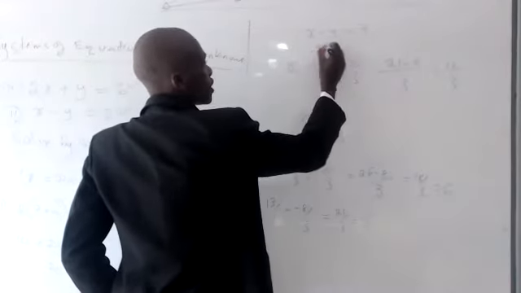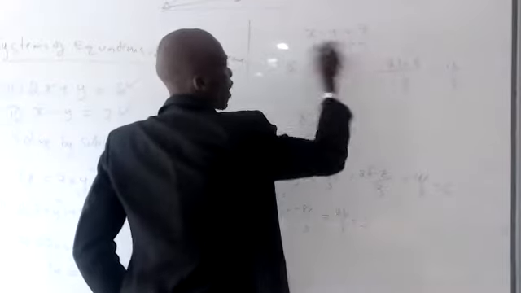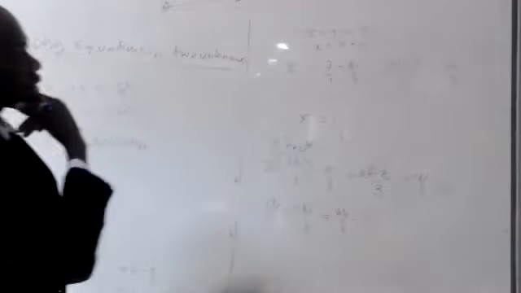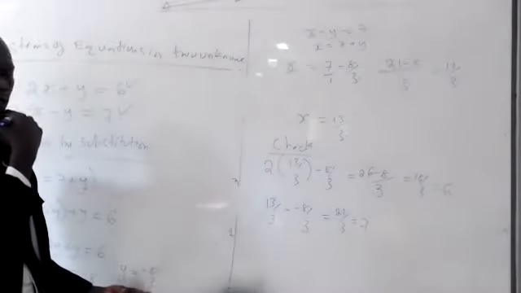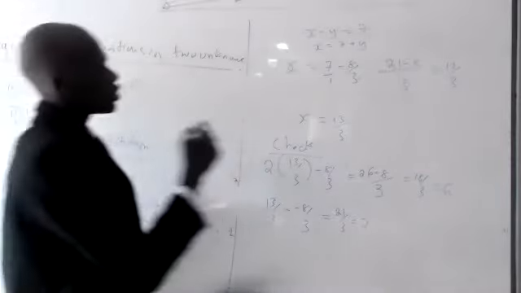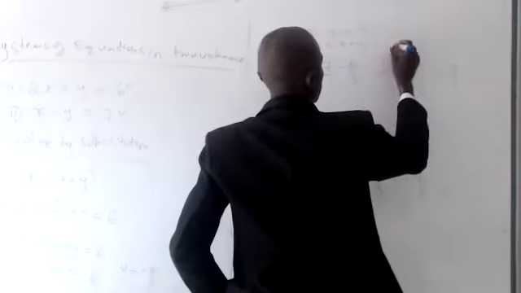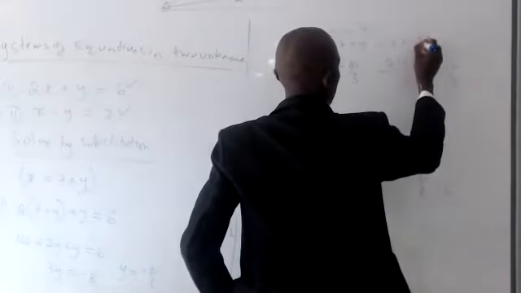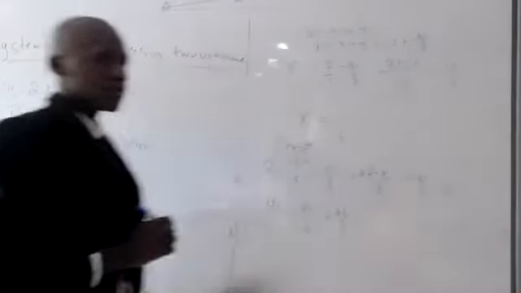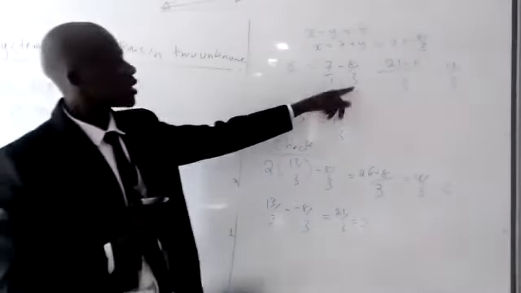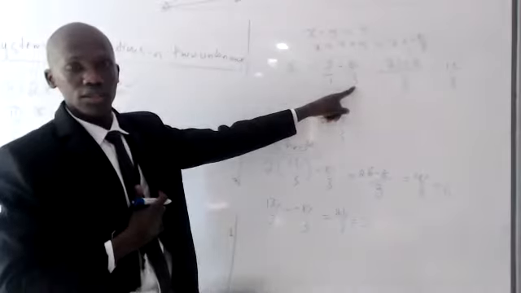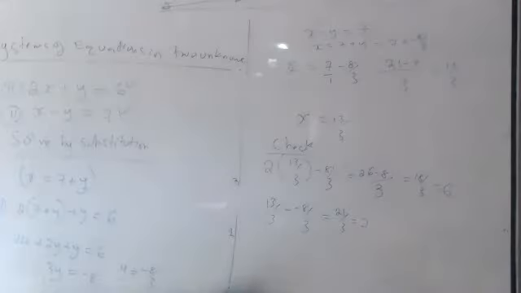So x is 7 plus y. That okay? Yes. But what is y? Y is negative 8 thirds. So we will have x is 7 plus negative 8 thirds. This is how you get 7 minus 8 thirds. Okay. Thank you. Any more questions or comments?